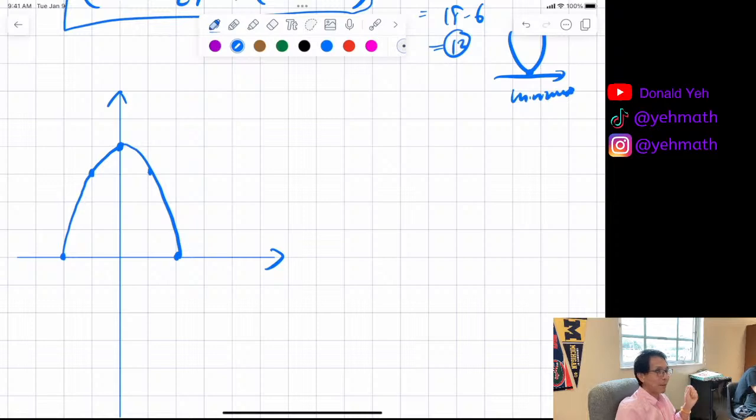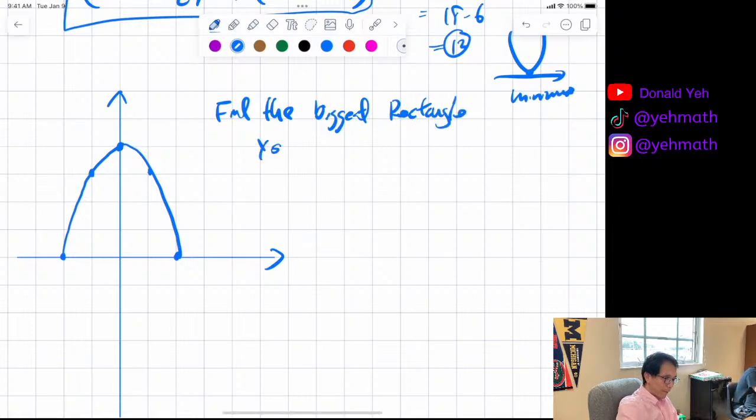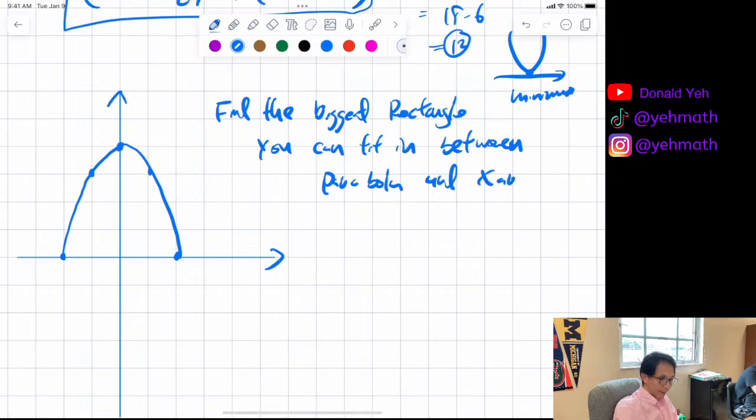All right. So I'm going to have the same situation here again, but the goal is different. So I will say: find the biggest rectangle you can fit in between the parabola and the x-axis.